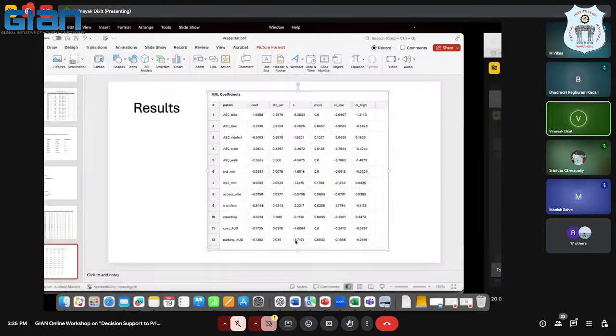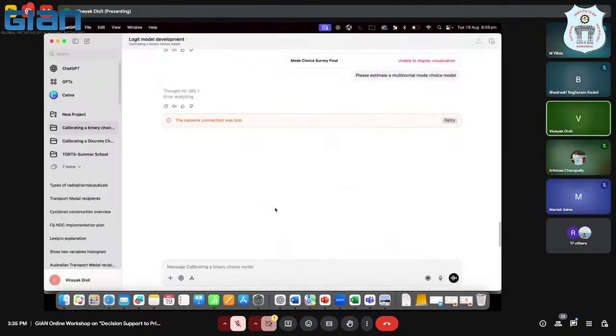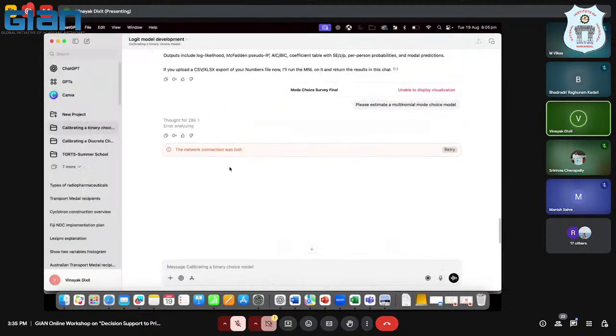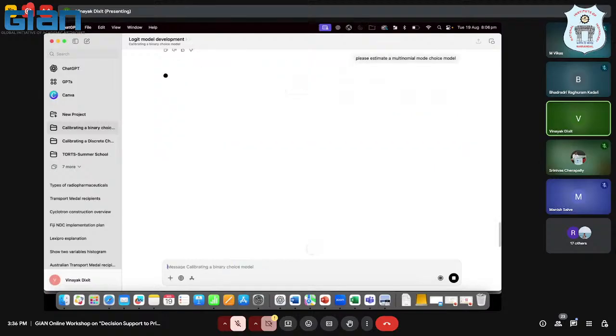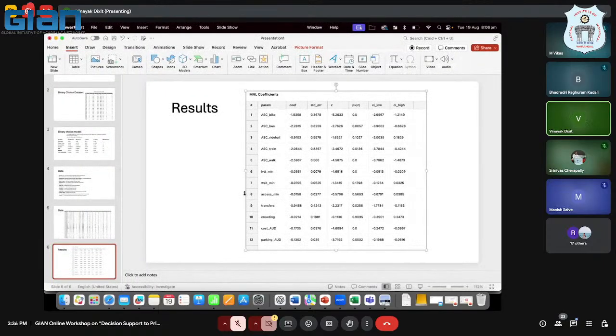Let me see if my network connection was lost. I've also been running it on a different instance, so let's see if that works.